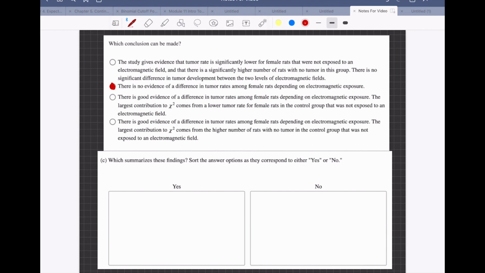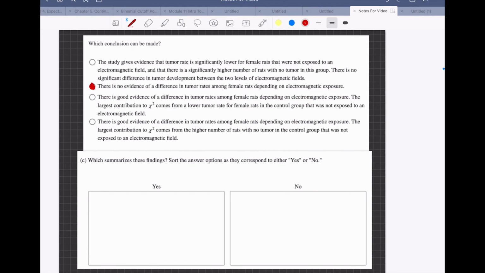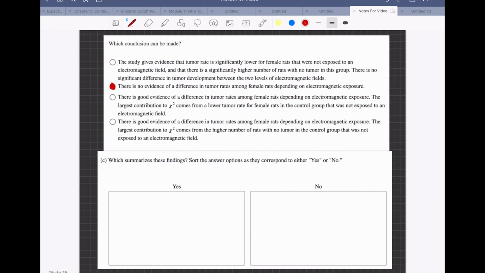And here you will have a final question in part C, which summarizes these findings. Sort the answer options as they correspond to either yes or no. Well, here I don't have the options, but do we have to select this from an answer bank? Here we have to choose: male and female rats appear to have similar, and this continues.